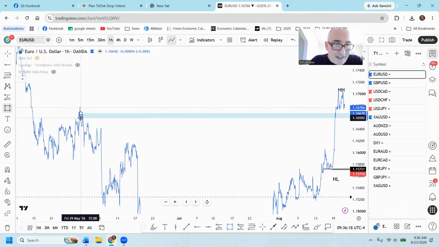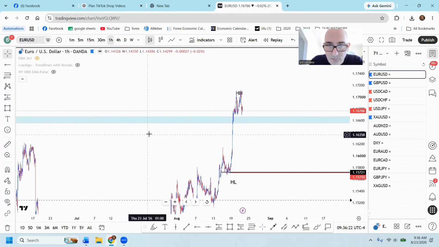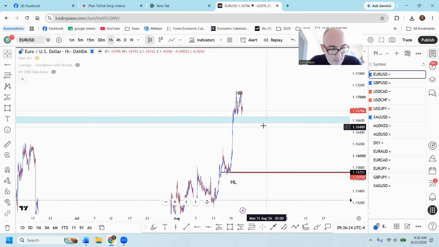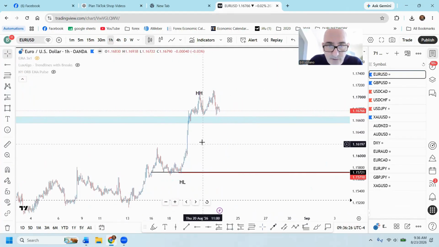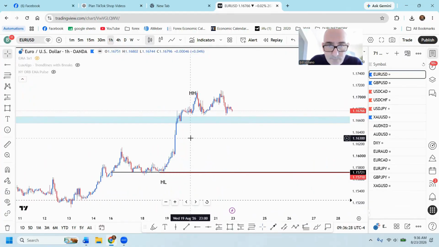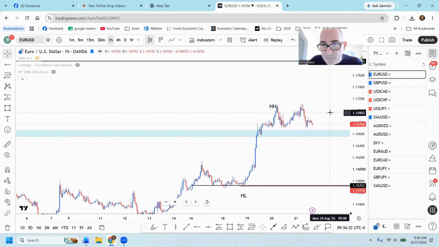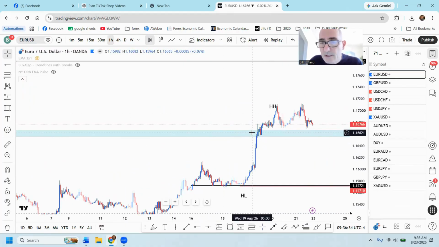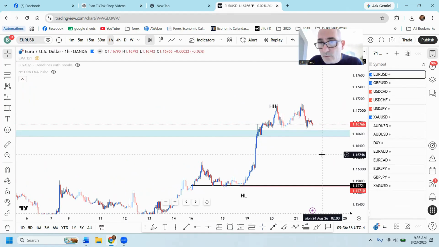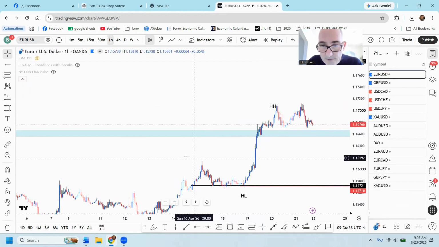So just kind of highlight this range a little bit. And then we look for a candle inside that range. Sometimes we can find it on the 1 hour. So right here we have this candle. In an uptrend, we're looking for a blue candle. In a downtrend, we're looking for a red candle.